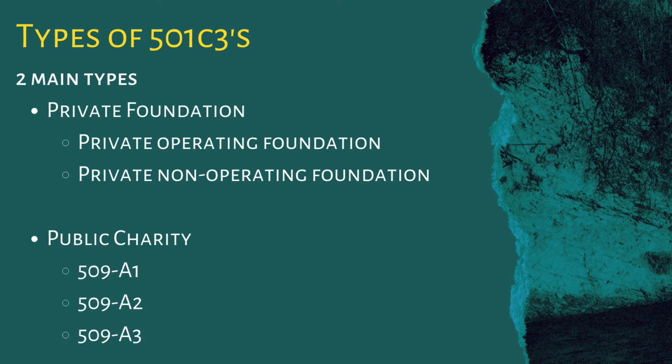On the public charity side, there's another section called 509A, and there are three types of 501c3 public charities, okay? It's not something you should memorize. This is just so you can appreciate that there's a lot of nuance in the legality of 501c3s. The three types are a 509A1, a 509A2, and a 509A3.